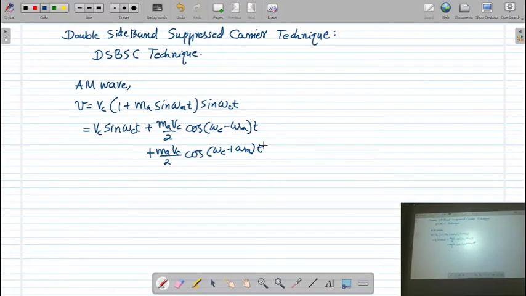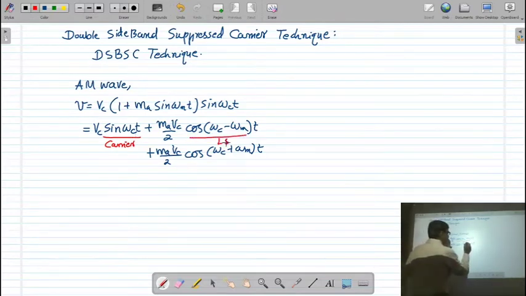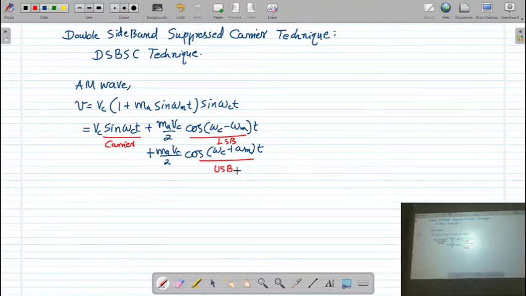Now you already know the different components present in the modulated wave. The first term represents the original carrier wave, the second term represents the lower sideband frequency, and the third term represents the upper sideband frequency.